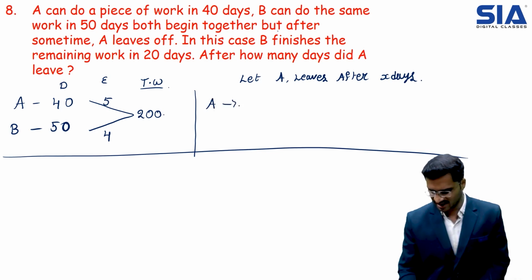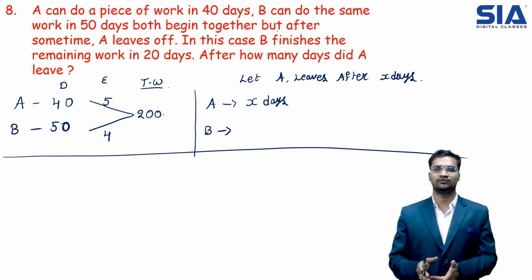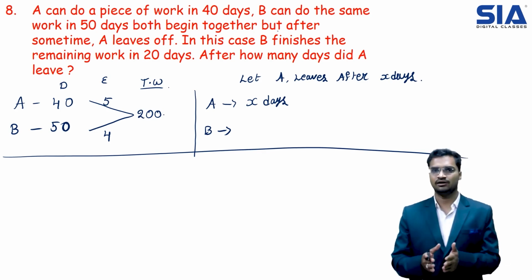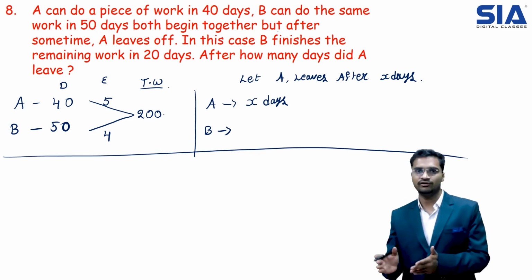So we know that A has only worked for X days, and B has started his work along with A. So in the beginning of our work, A and B both of them have started the work, and after X days, A has left the work and B continued the work.